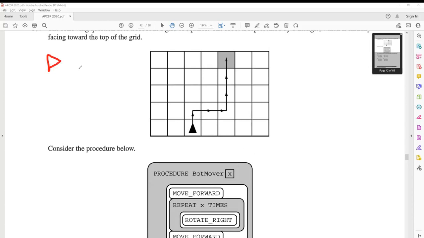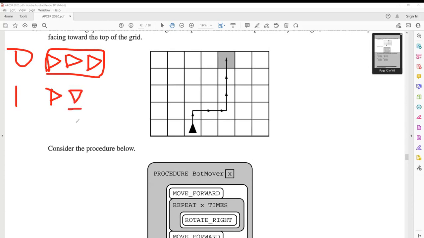X equals 0, you will move forward and then not rotate right and then move forward. So you're going to go by 2. Okay, this one is X equals 0. X equals 1, you move forward and rotate right, move forward and rotate right, you become this and you go this. So this one is X equals 1.